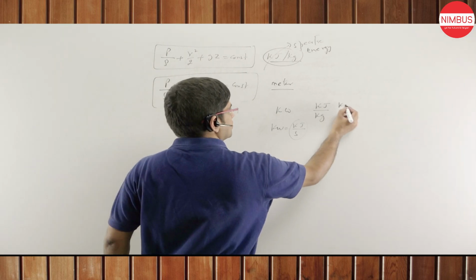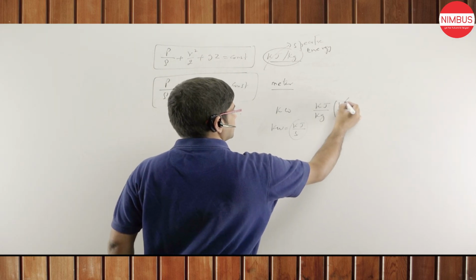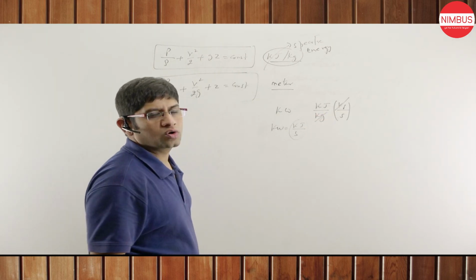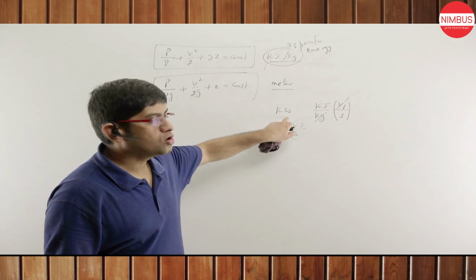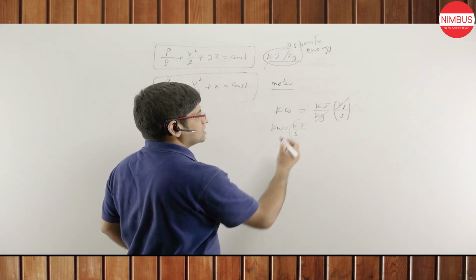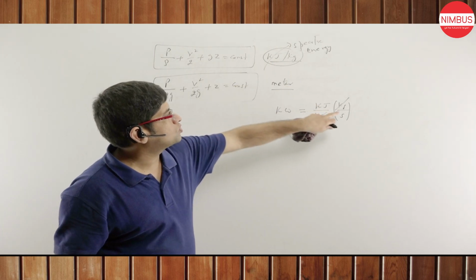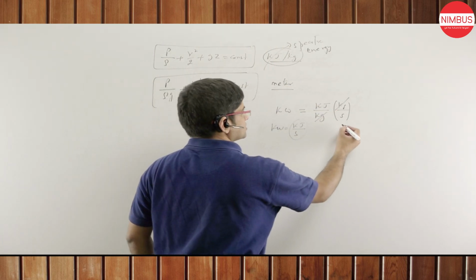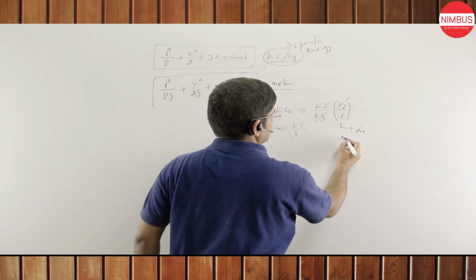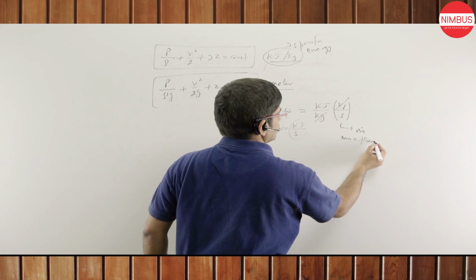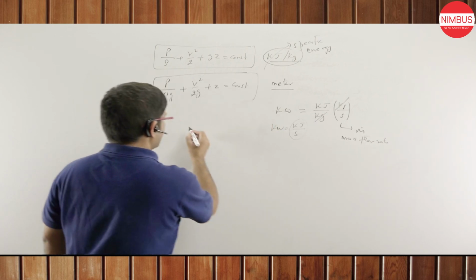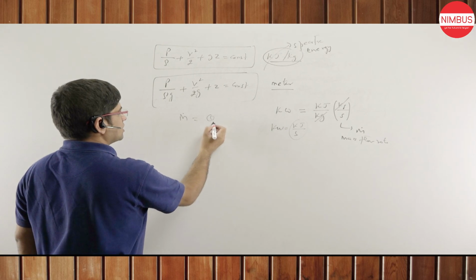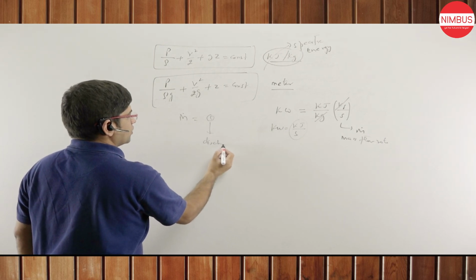Sir, I should multiply it with kilogram per second. Kilogram will get cancelled out and I will get kilowatt. So 1 kilowatt is equal to kilojoule per kg into kg per second. And what is kg per second? That is called mass flow rate of the fluid. And can you tell me how mass flow rate is related to discharge or volume flow rate?